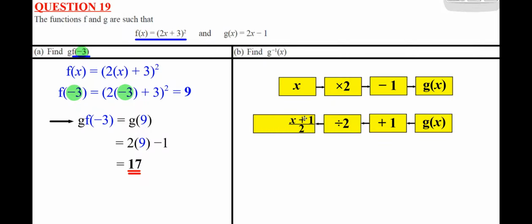So just think about what we've done. We've taken an unknown value, we added 1 to it first, then that whole thing we divided by 2. And that gives us g minus 1 of x. And that's our final answer. In other words, g to the minus 1 of x, the inverse of g, is x plus 1, all divided by 2.